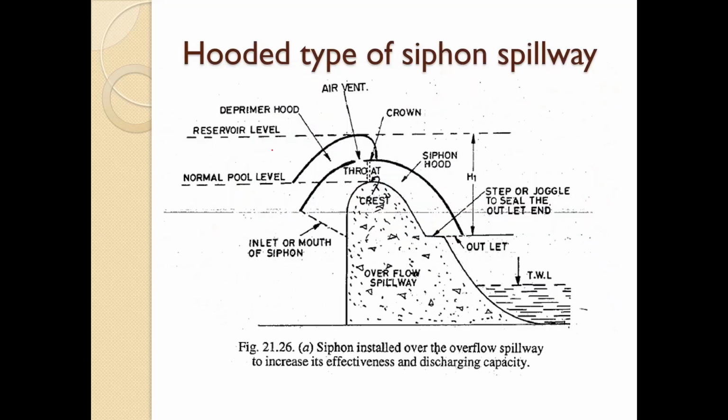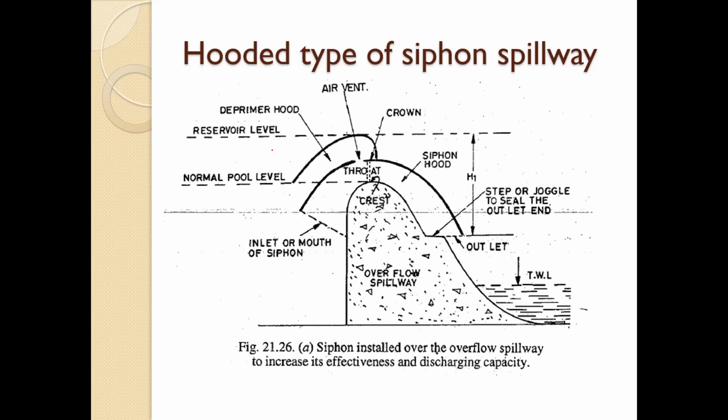Now the hooded type. The hooded type siphon spillway is more commonly adopted. In this case, a reinforced concrete hood is constructed over an ordinary overflow section of the gravity dam, and the inlet of the hood is kept submerged to prevent the entry of debris or ice, etc. A small deep priming hood is also kept above the main hood, and both the hoods are connected by an air vent.